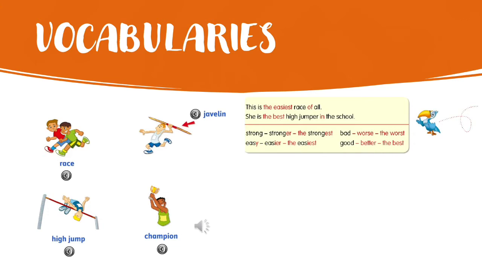These are the adjectives. The adjective is strong. When we want to compare it, it becomes stronger. And the superlative for this adjective is the strongest. So, this sentence pattern teaches us how to compare the adjectives.